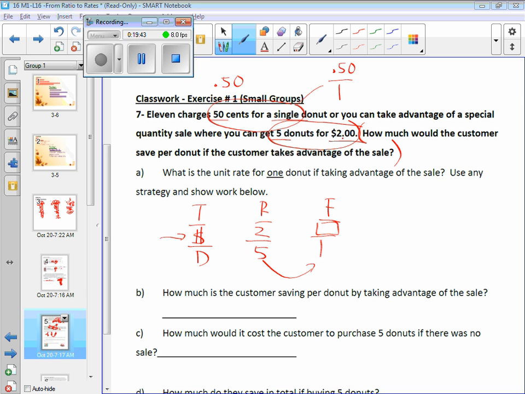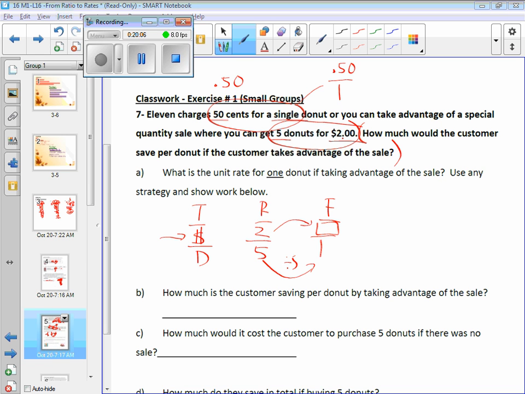Watch, work backwards. 1 times what makes 5? So then 5 divided by, divide by 5. Any number divided by itself, you'll wind up with 1. You can do it backwards. I'm just showing you.